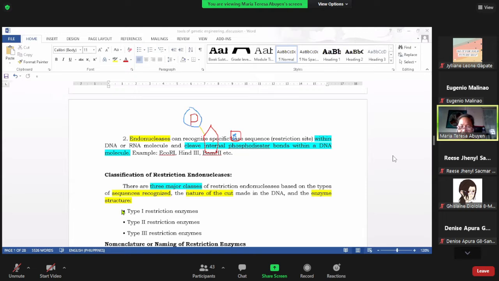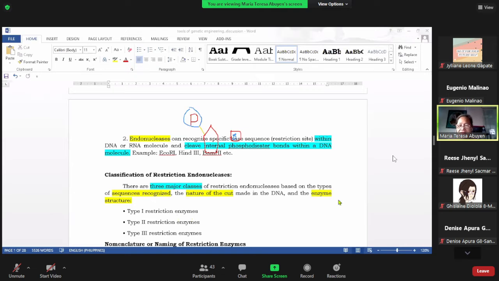For example, the type 1 restriction enzyme recognizes a specific sequence of a DNA molecule, but its kind of cut is different, which we will discuss later.